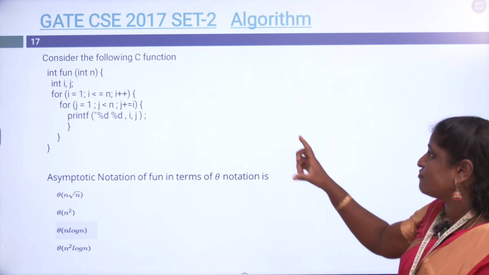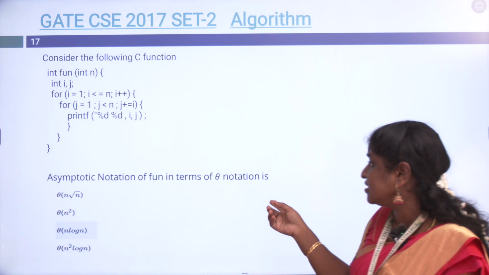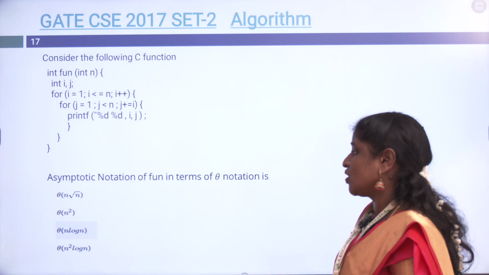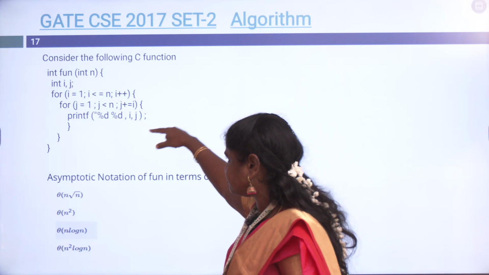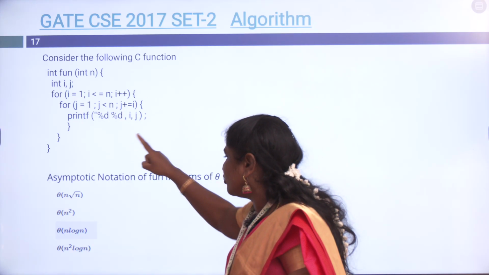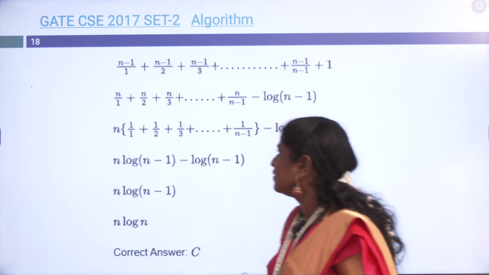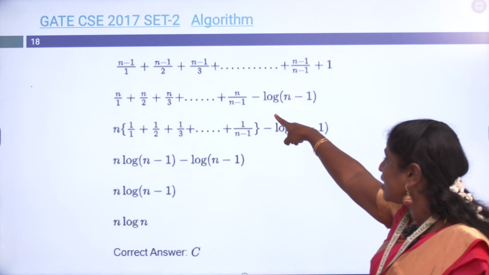And next is the following C code they have given. We are going to find the asymptotic notation of the function in terms of theta notation. This particular loop comes under n log n. In each iteration we calculate in the base of log n minus 1.